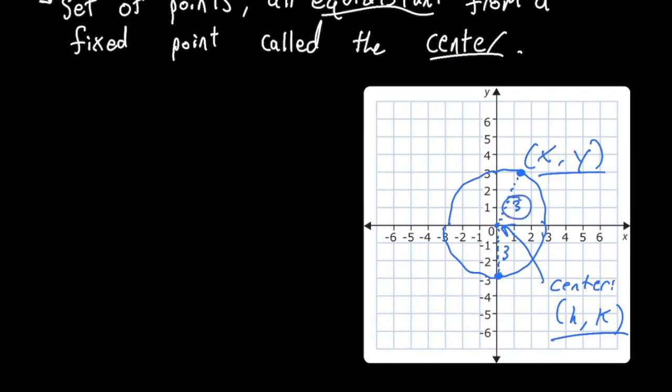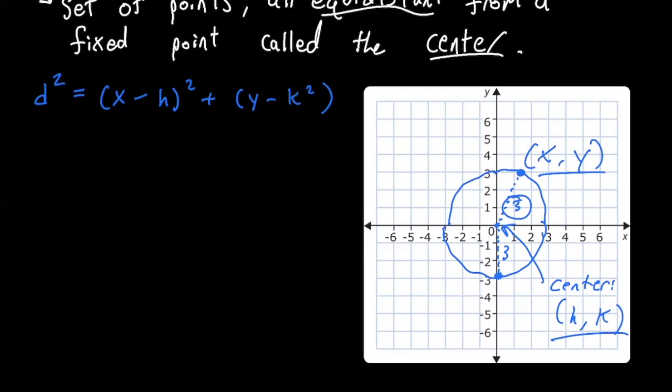One way to express the radius or the distance from the point on the circle to the center is using the distance formula. So we're looking at a coordinate plane here. We can just use the distance formula. We know that the distance between 2 points squared equals the square of the differences between the x values and the y values. So it's equal to x minus h squared plus y minus k squared.